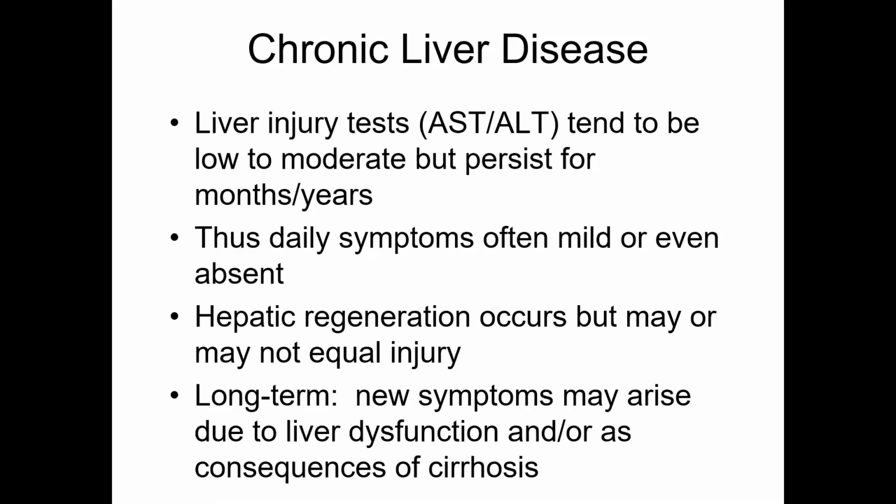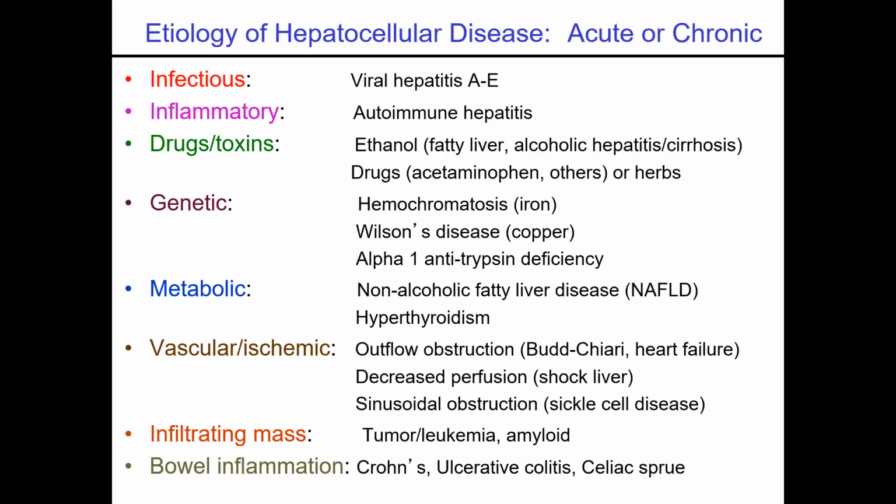So in long-term chronic liver diseases, new symptoms may arise due to the extent of liver dysfunction or as a consequence of cirrhosis. If you have chronic liver disease, one of the consequences is the development of fibrosis, scarring of your tissues, leading to cirrhosis, where more and more of your liver is no longer functional because it destroys the normal architecture of your liver.